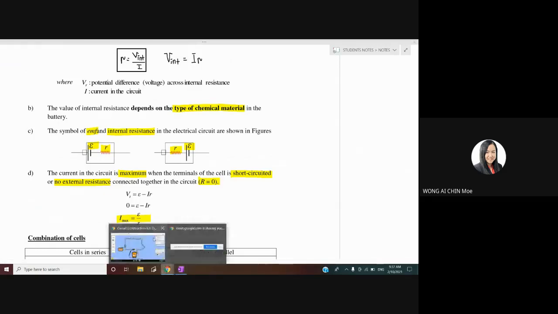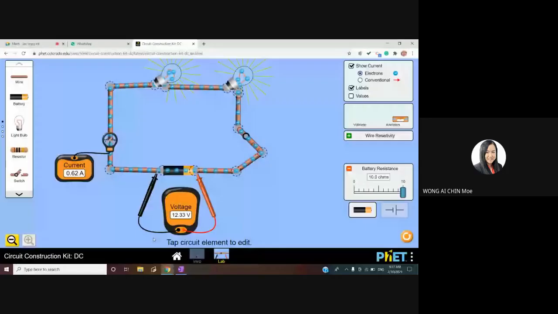How can you get I maximum? I change the battery back to 10 volt, and this light bulb I already take out.